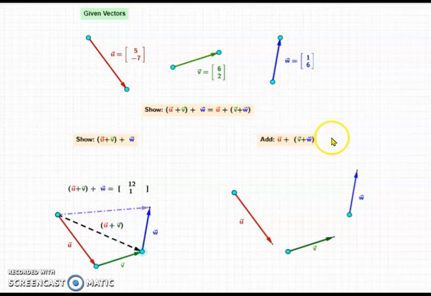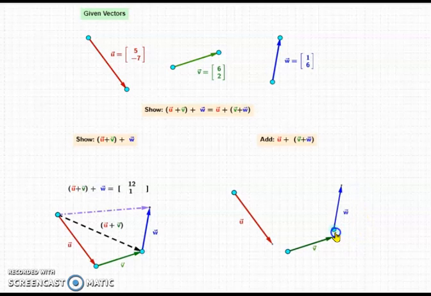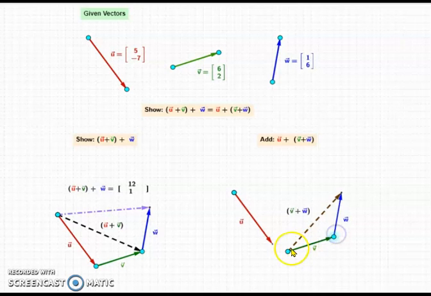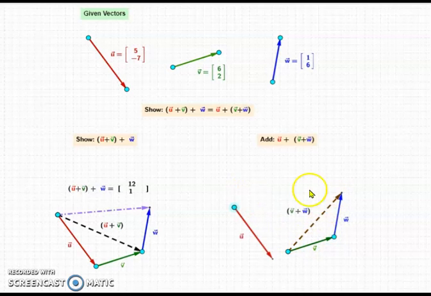On this side, we add first v plus w. So this is v, this is w. So v plus w, this is the vector v plus w. We add to this vector the vector u. Take note that what we add to u is the vector v plus w. So we will add that to u.